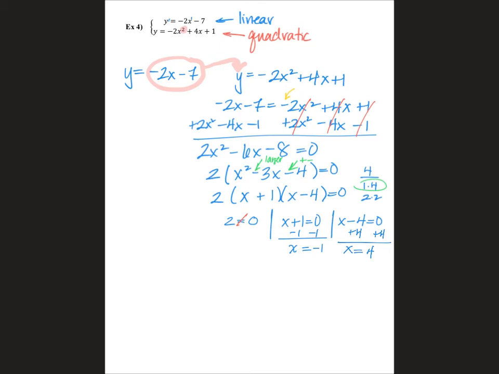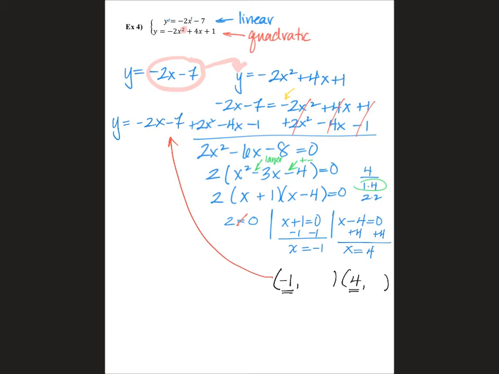Now, as ordered pairs, I'm going to have negative 1 in the first spot and positive 4 in the first spot. To finish this off, I need to find the y values that match with that. So let's go through and backwards substitute. I have y equals negative 2x minus 7. In for those x values, I am going to substitute both negative 1 and positive 4.